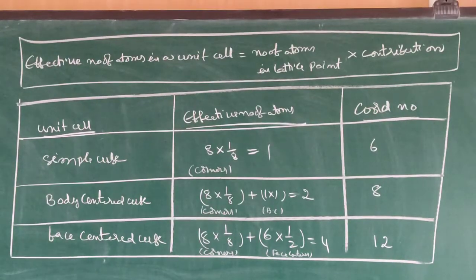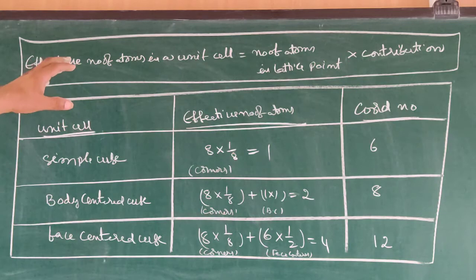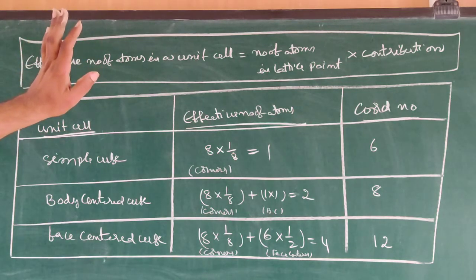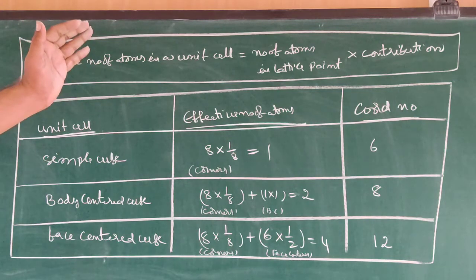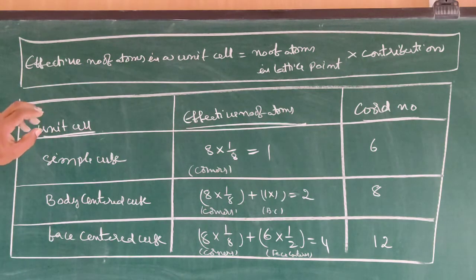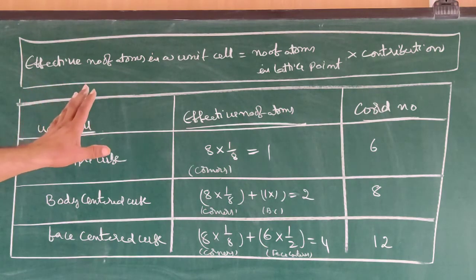Next, effective number of atoms in a unit cell. With this we can calculate the average number of atoms present in a unit cell. So the effective number of atoms in a unit cell is equal to the number of atoms at a particular lattice point into its contribution. If we first consider a simple cube, in a simple cube all atoms or spheres are present in corners only.